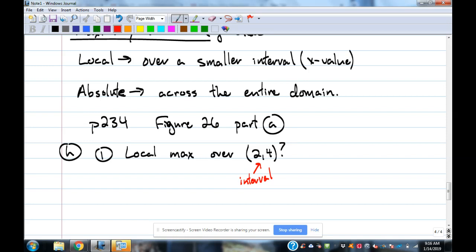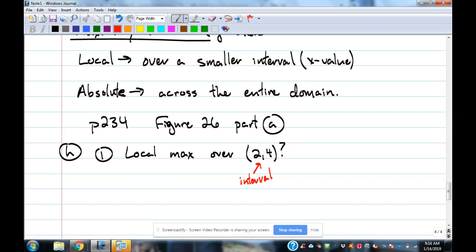What are they, x or y values? X values. Local intervals, when they tell you to look at an interval, they're going to give you an x interval. Okay, location on a graph is x intervals. Okay, x intervals always. When we were reporting, if they said where is f of x greater than 0, we were telling what x values that was.